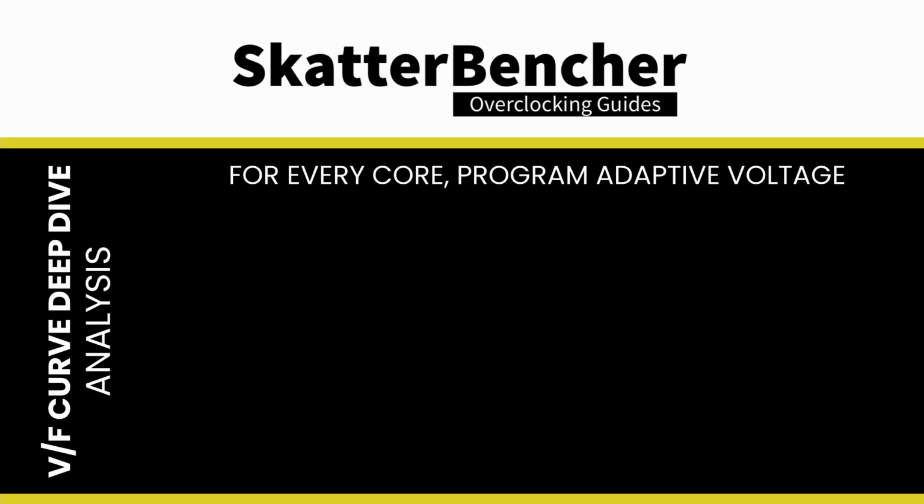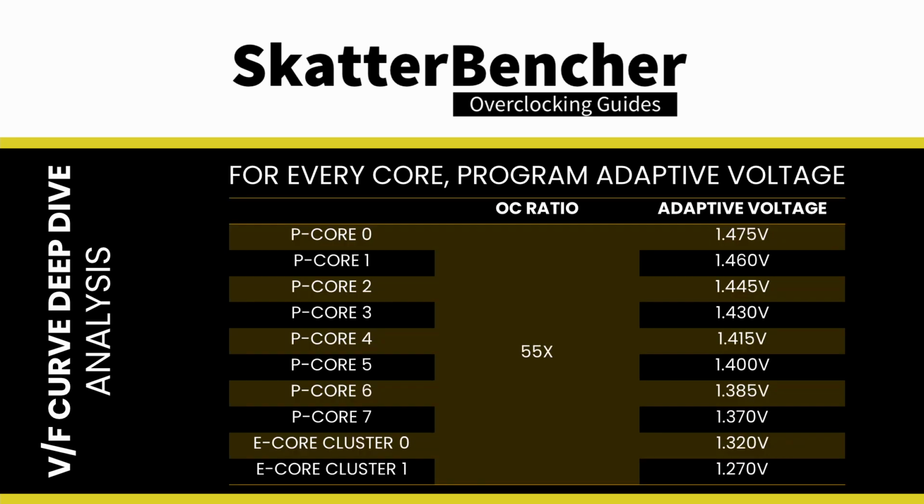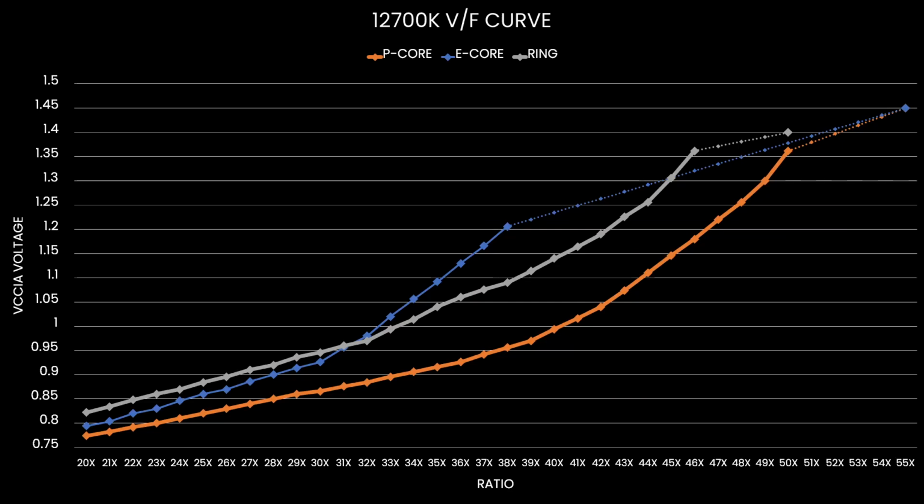Furthermore, Intel's specification also allows for a per-core adaptive voltage configuration. So we could program an adaptive voltage for a specific P-core or specific E-core, which would map against the OC ratio, so that 55x could map to a different voltage for every core in our CPU.